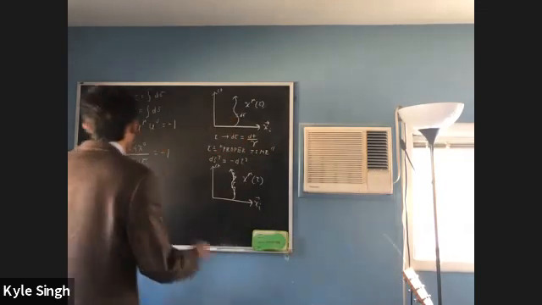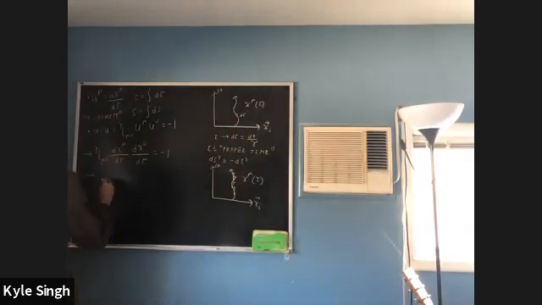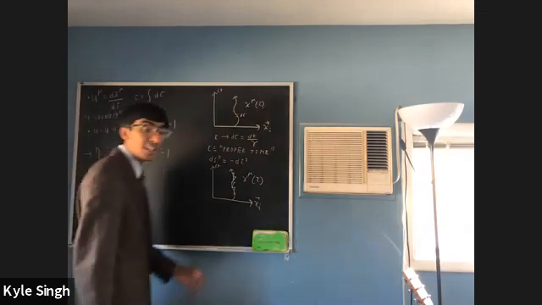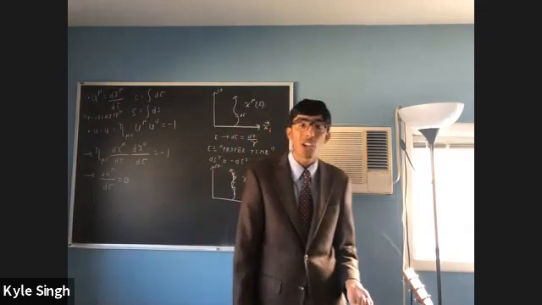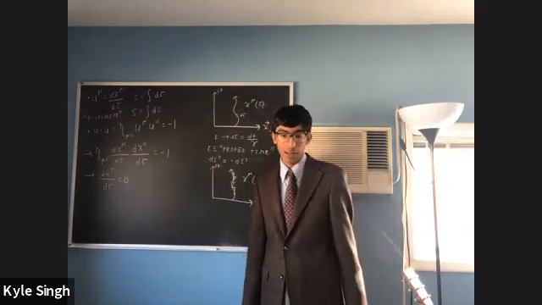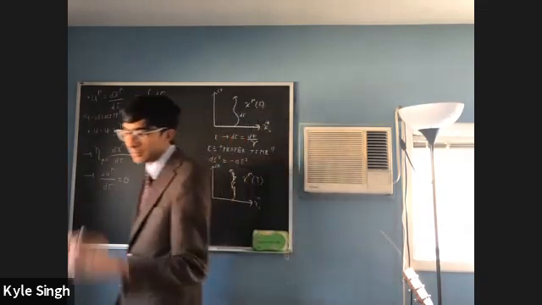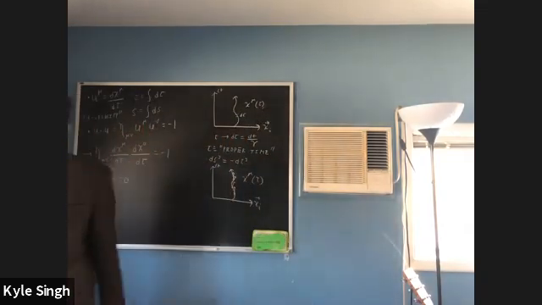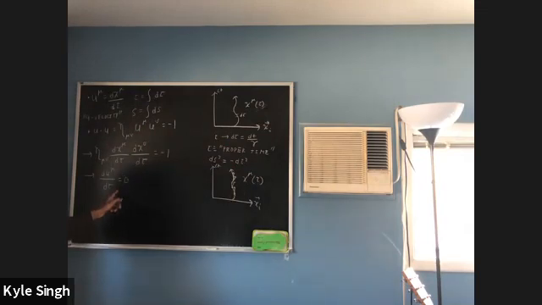How do I represent that? I write my equation of motion, du^μ/dτ = 0, because du^μ/dτ is the acceleration, the derivative of the four-velocity. That's just going to be 0 because there's no acceleration in the absence of forces. This is my equation of motion. Very, very simple.